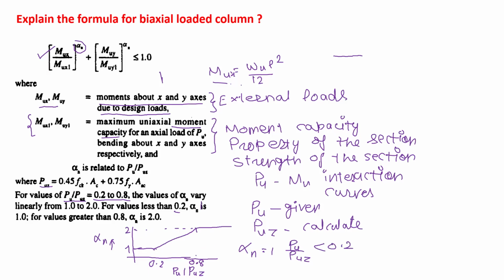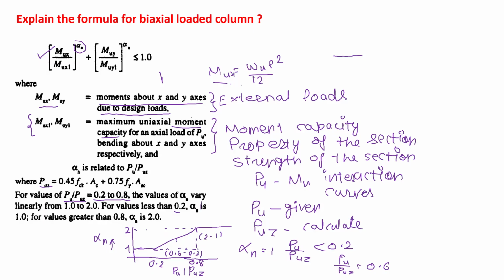And how are we finding this value? Suppose my value of PU upon PUZ is 0.6. I should know the formula, how we are going to find it. Somewhere this line will go, and we will have similar triangles. In these similar triangles, this is 0.8 minus 0.2, and this is 2 minus 1.